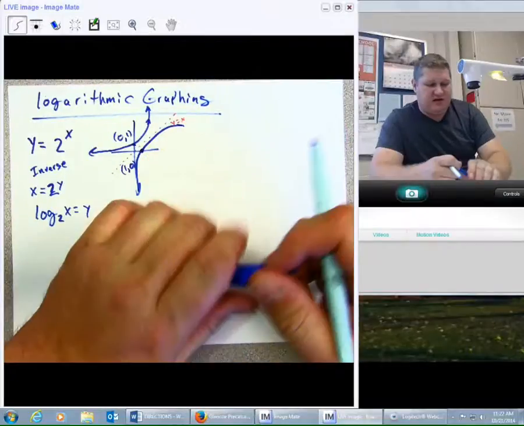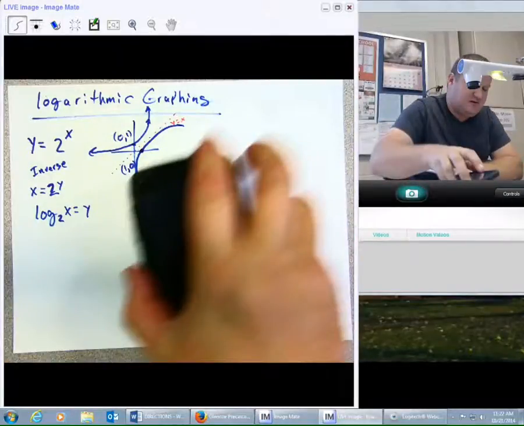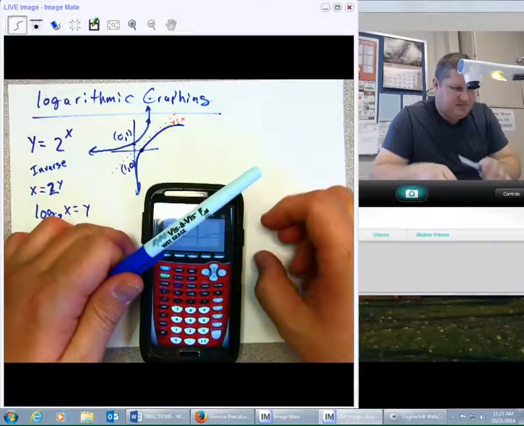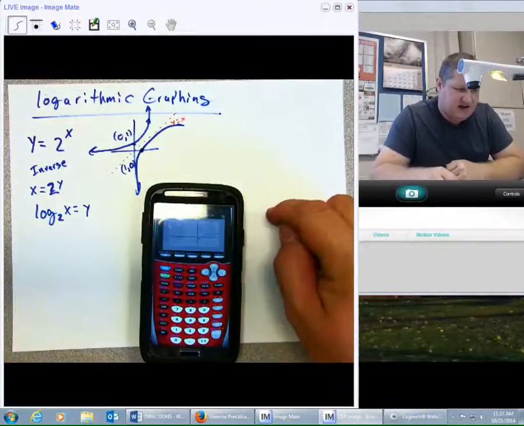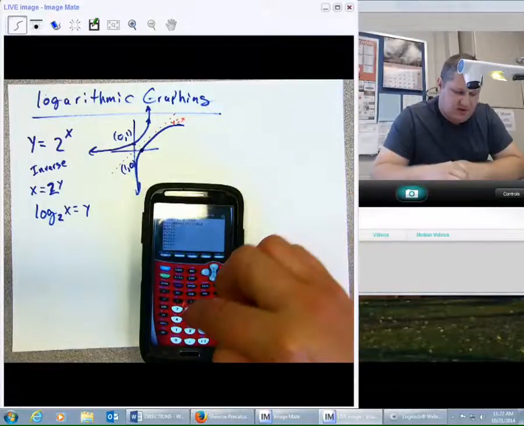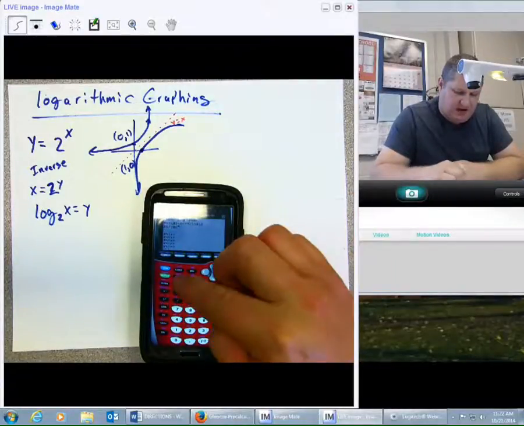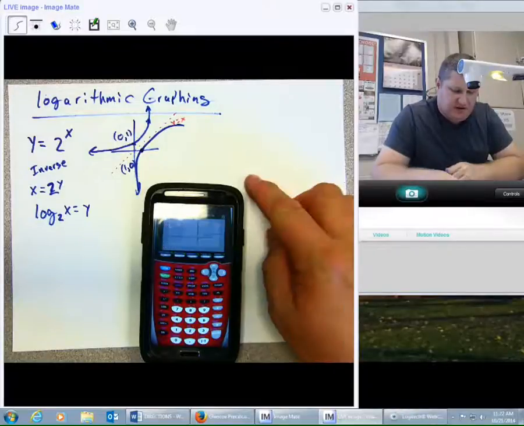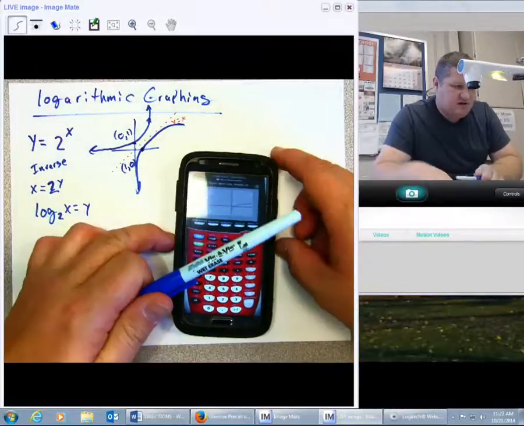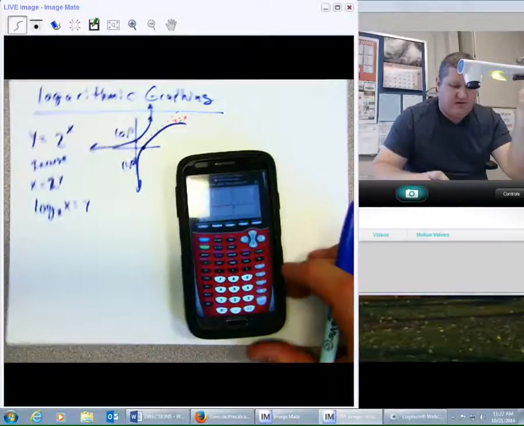Now, just in case you don't believe me, I went ahead and graphed it up in my calculator, and it does exactly this. If I go and try to put in 2 raised to the x and graph that, you should see that they are nice matches of one another.